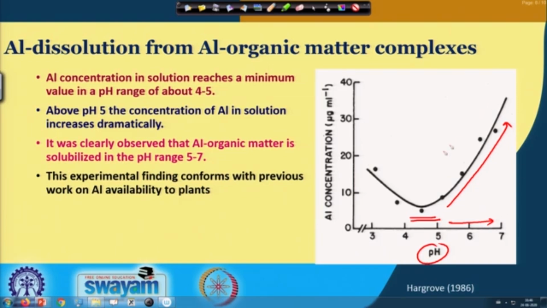So, obviously, when there is a solubilization, aluminum concentration in the soil solution will increase, and this experimental finding confirms previous work on aluminum availability to the plants. So, this shows the aluminum dissolution from aluminum organic matter complexes, and how this dissolution is influenced by the pH of the soil solution.